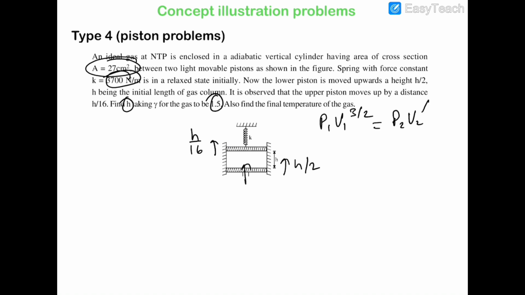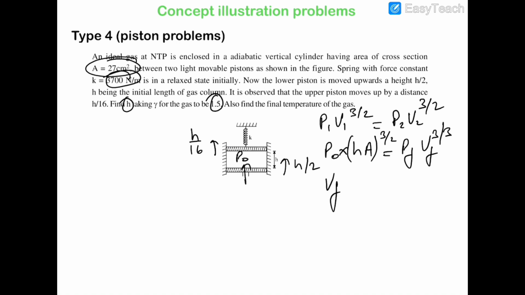Initially the pressure of the gas was P naught, and the volume was A into H, to the power 3 by 2, is equal to P final times V final. V final will be A into H, the initial height, minus H by 2, the distance moved by this piston in the upward direction.